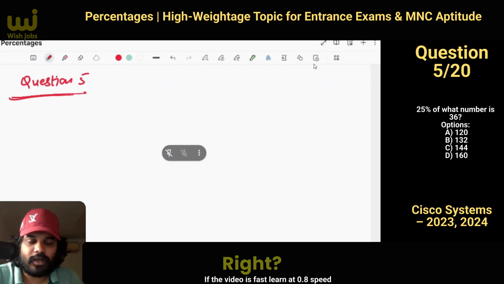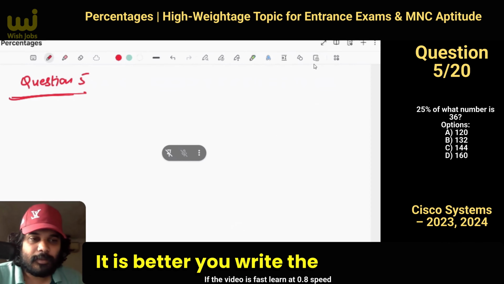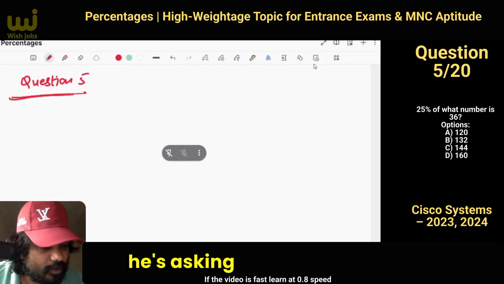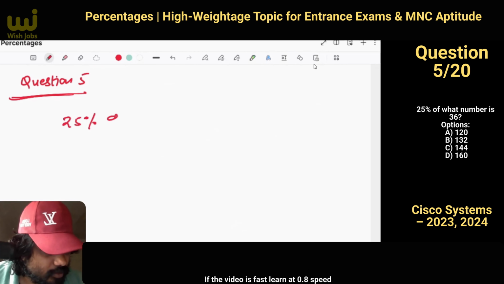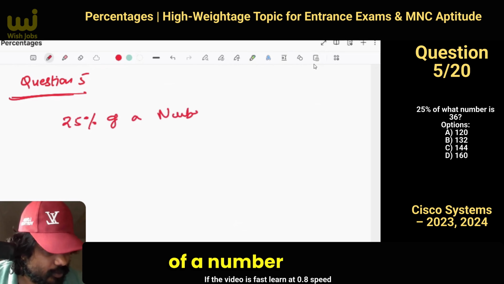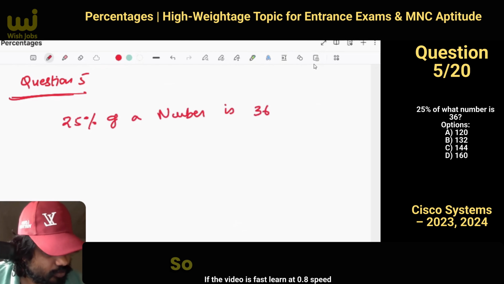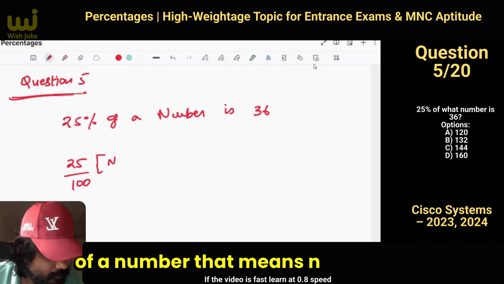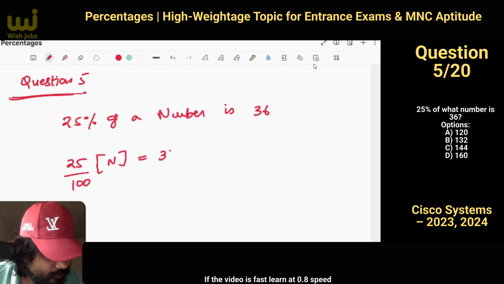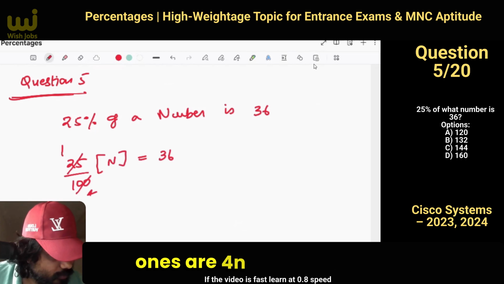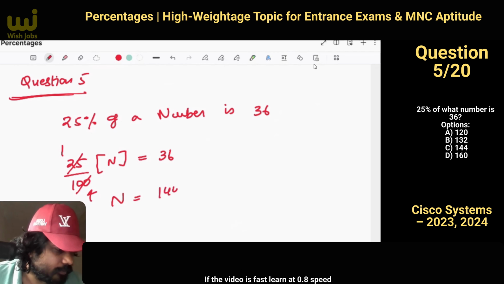For these kind of questions, right, it is better you write the equation. He's asking 25% of a number is 36. So 25% of a number, that means n, equal to 36. 1 by 4 of n equal to 36, 4 36s are 144, n equal to 144.